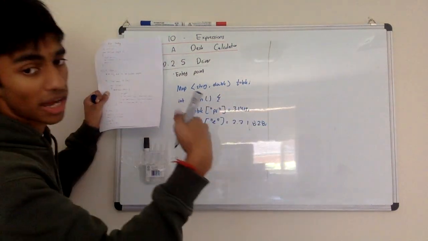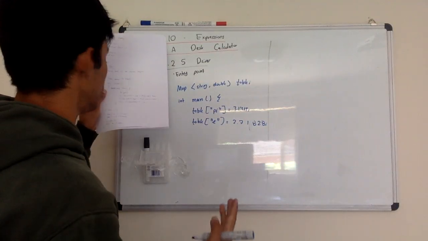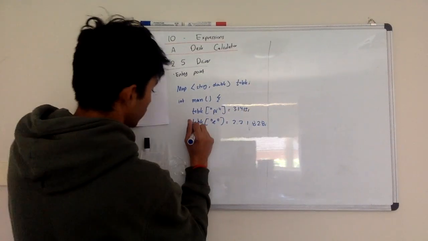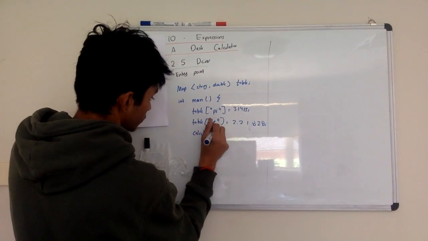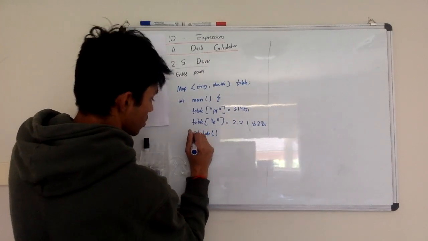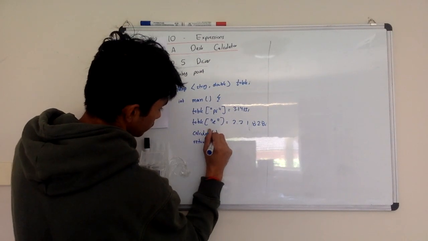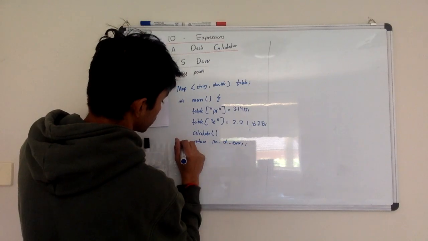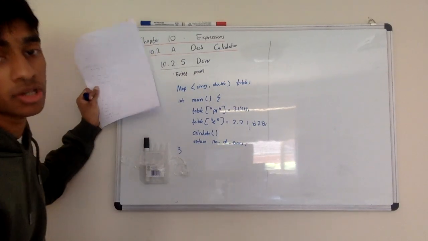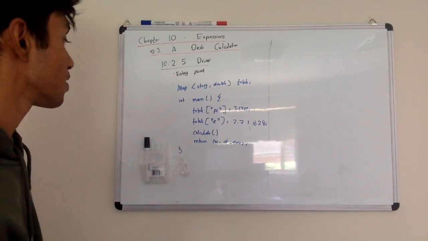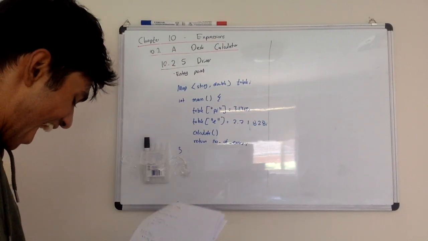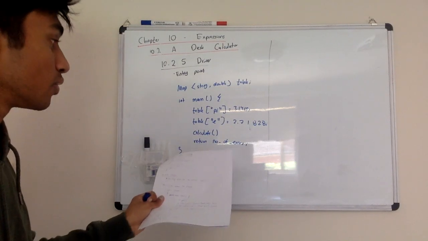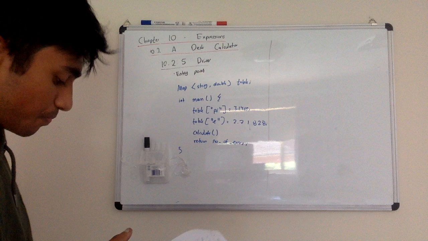So we preloaded pi and E into our table, and then we call a calculate function, which we'll write up in a sec, and then we return the number of errors. Since the number of errors is a global variable, main will be able to access it, no problem. That way, the return value of main is the number of errors that were created.